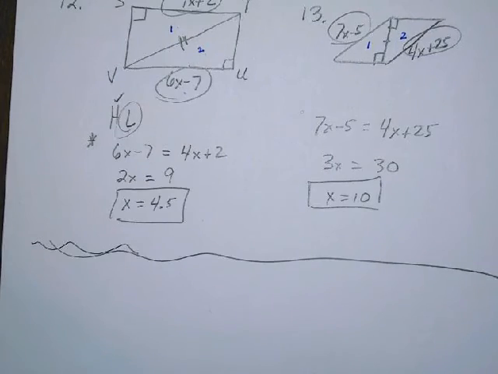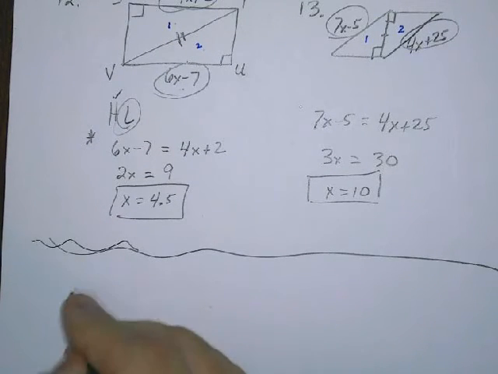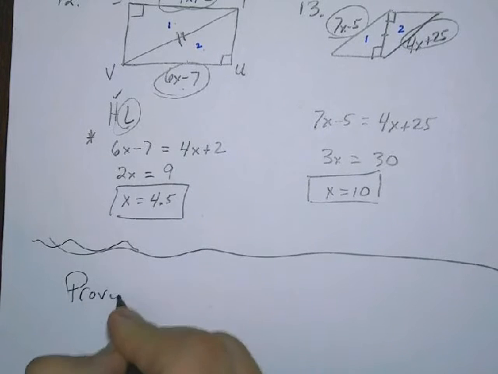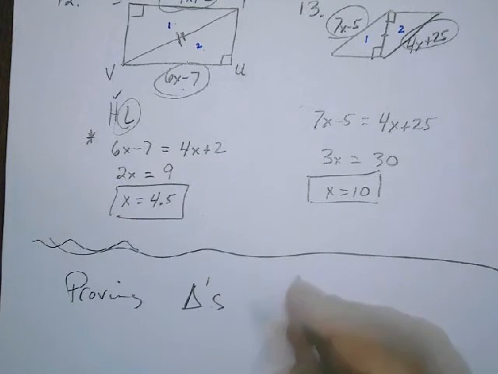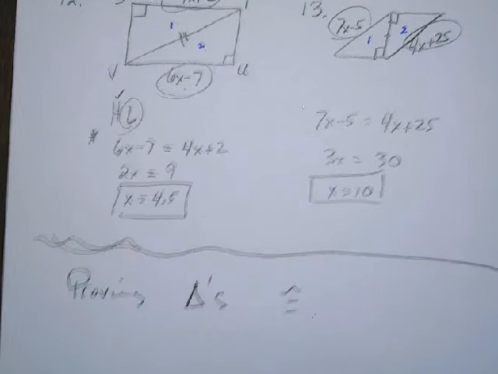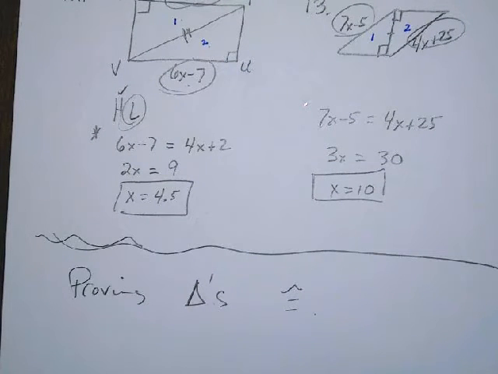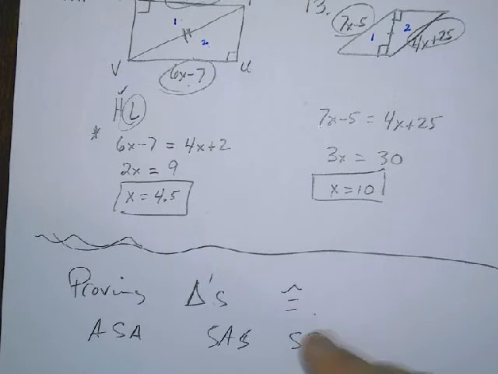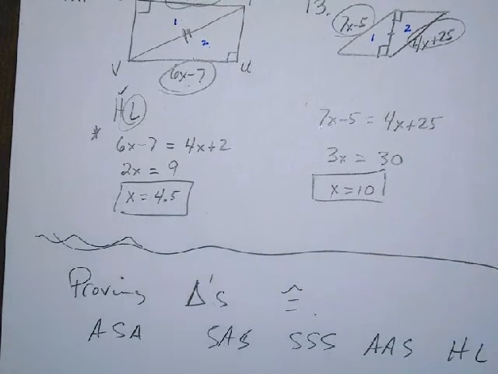Now, let's just quickly review. I already went through the 5 ways. Basically in this whole section, all we're doing is proving triangles congruent, and the key is you have to know the parts of a triangle. I'm just listing the ways here at the top.